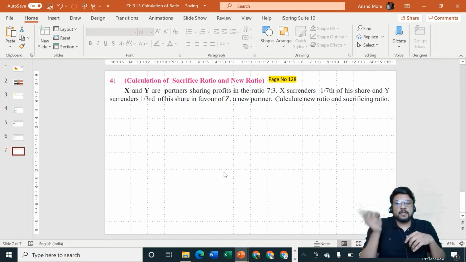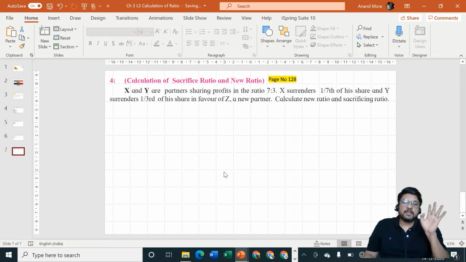In the third question it was agreed that it will be 1/5 share. In the fourth question nothing is mentioned. They are just telling you what is the old ratio. They are also telling you what is the sacrifice, but they are not telling you what is the ratio of the new partner which is admitted.